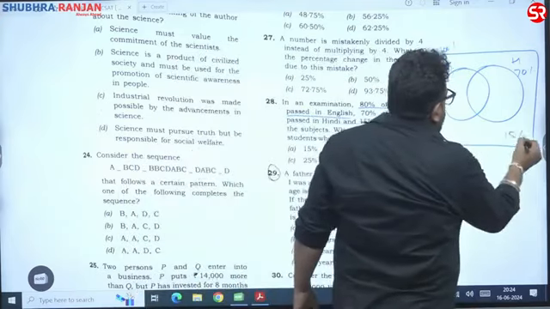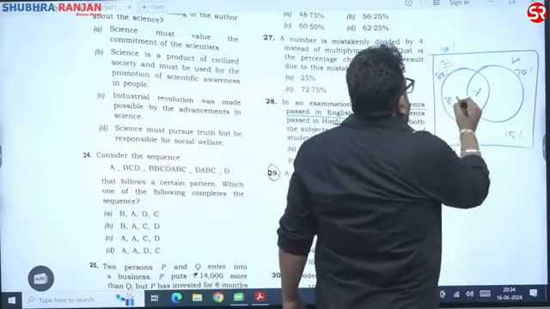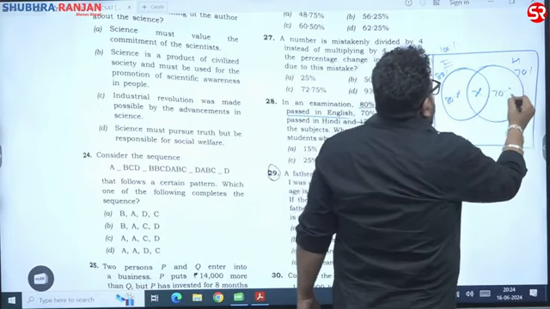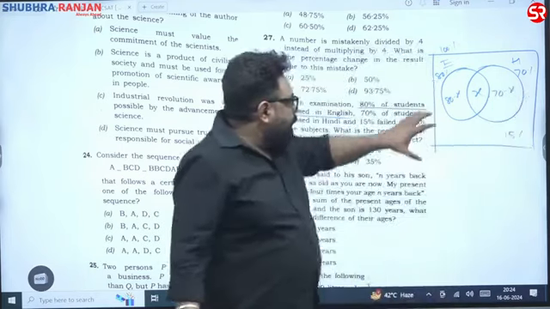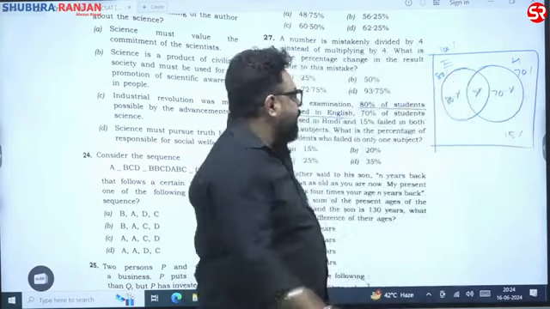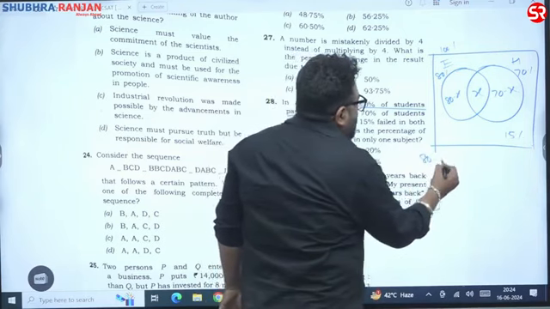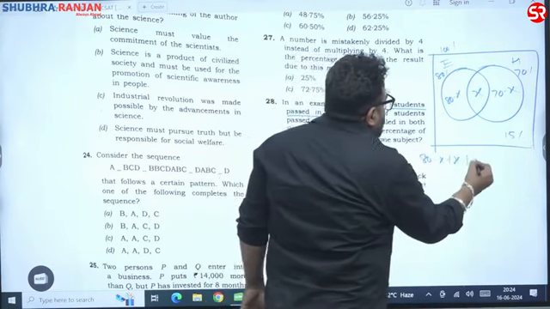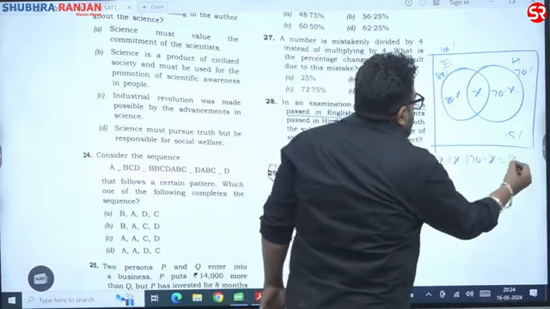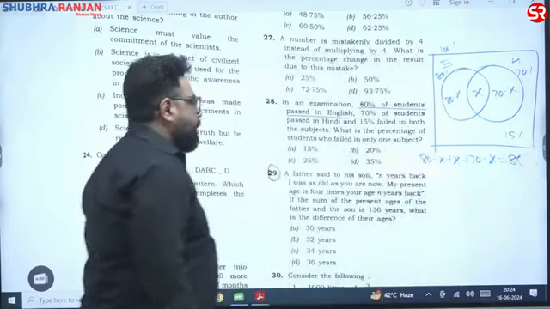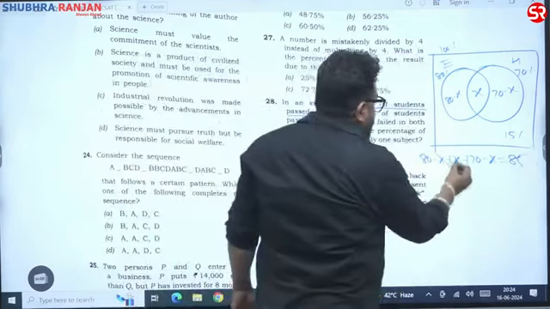So this is 15%. So take this as x, this is 80 minus x, this would be 70 minus x. And now this in between diagram is 85. So 80 minus x plus 70 minus x is equal to 85. So one of the x gets cancelled off.